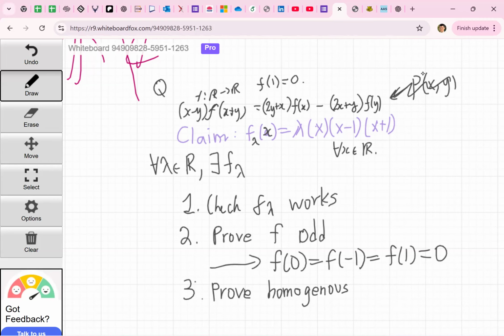No, I wouldn't write it like this, because the main thing wrong is that these are more like necessary steps, but they don't highlight the importance, yeah? I think homogeneous can just come with f lambda works.